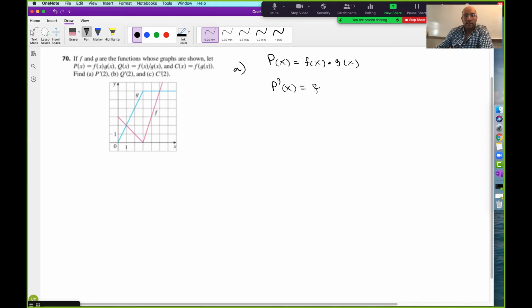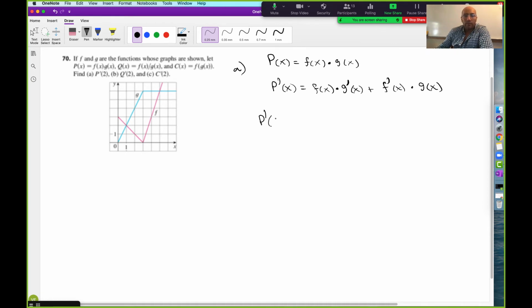It's going to be f of x times g prime of x plus f prime of x times g of x. Good. And the order in which you do it doesn't matter. You just have to make sure you take turns and do them once each. Good. So this is what they want, and then they want you to evaluate that at 2. Find p prime of 2.